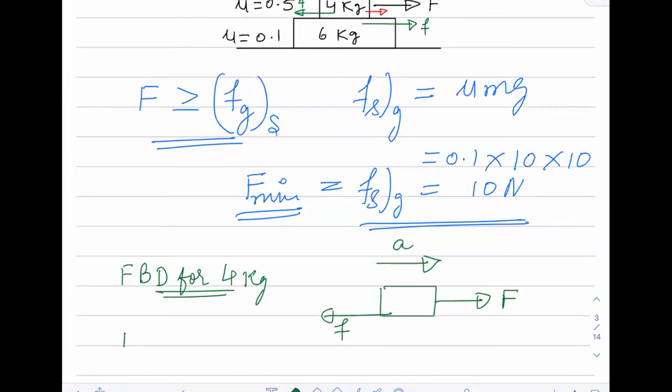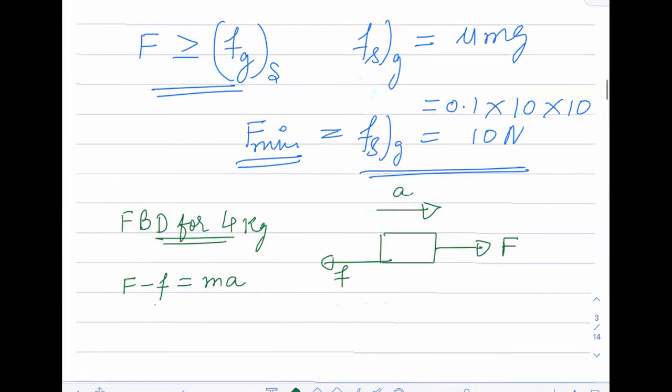So for the net force, this F value, what can I write? F minus frictional force is equal to M into A. Now, the frictional force value, how will I find it?